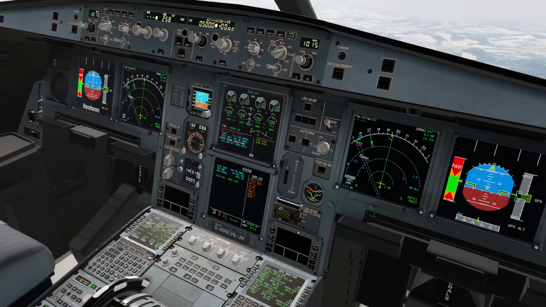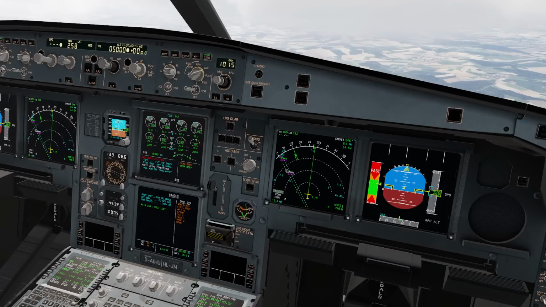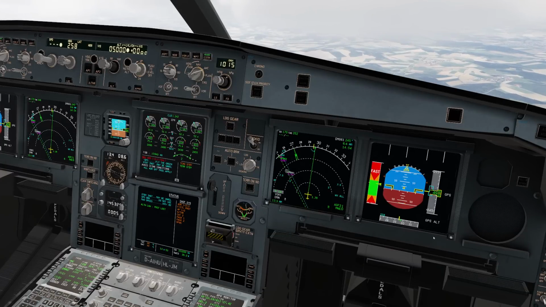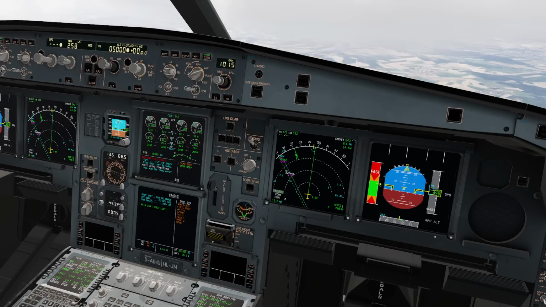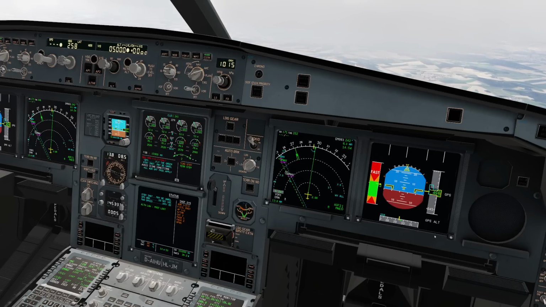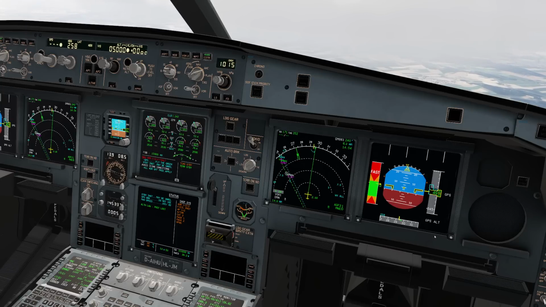Okay, so now initially we are just going to fly the airplane. And you can see we have GPS altitude, which is not necessarily correct versus barometric altitude, because GPS altitude is based on altitude above a standard Earth ellipsoid, which, however, the real Earth does not necessarily comply with.